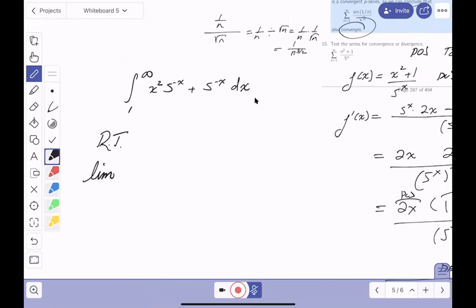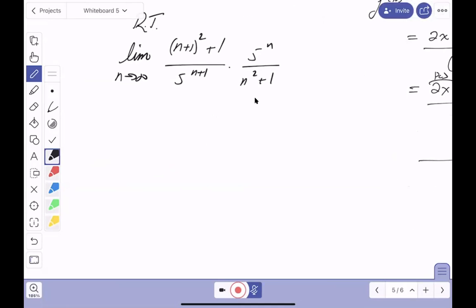I'm not going to use the absolute value. They're positive terms. So you get n plus 1 squared plus 1, 5 to the n plus 1. I'm dividing by a_n, so it's a reciprocal, 5 to the n, and what do you get at the bottom? n squared plus 1. I got to do that. And let's see what happens.